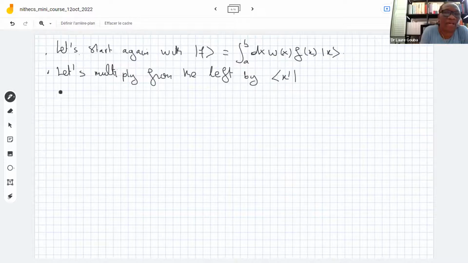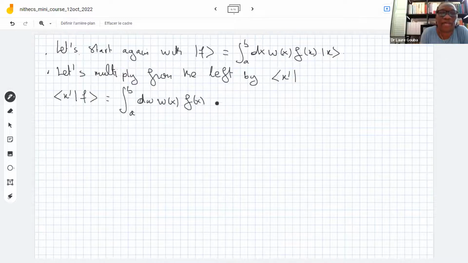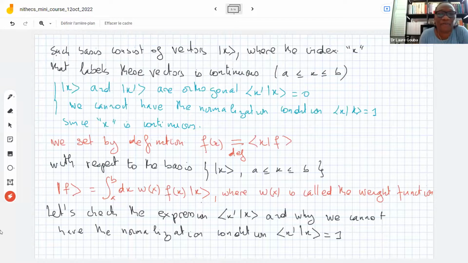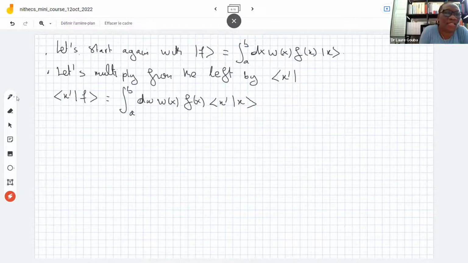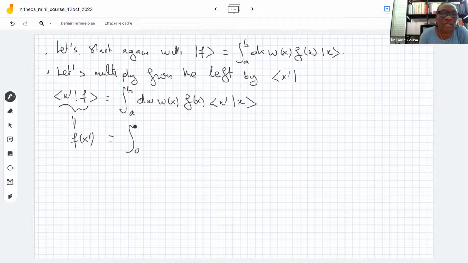So what do I have? ⟨x prime|f⟩ is equal to the integral from a to b of dx w(x) f(x) ⟨x prime|x⟩. But from what we set as definition, the left side is f of x prime, and this would be equal to the integral from a to b of dx w(x) f(x) ⟨x prime|x⟩.